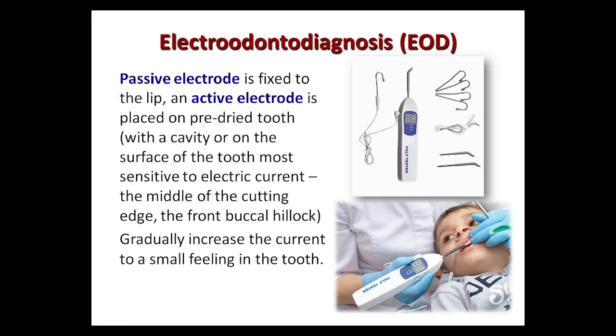Gradually increase the current using the special button until a small feeling in the tooth, and the patient should feel some sensation, not pain at first, and next it may be weak pain. So the patient informs us about this feeling, and we look at the screen and we can see some number.